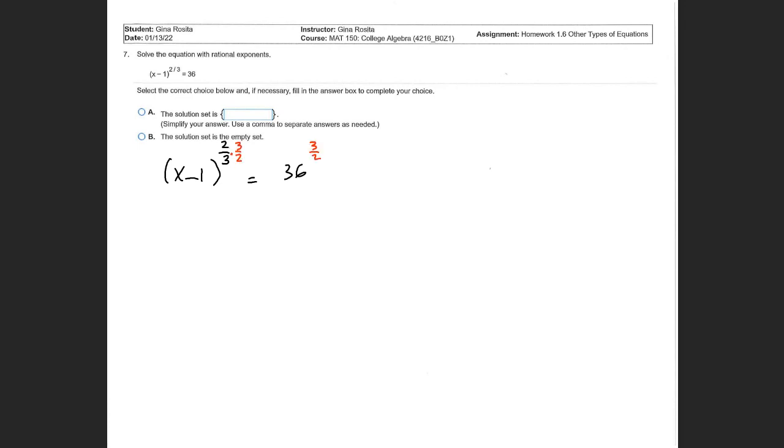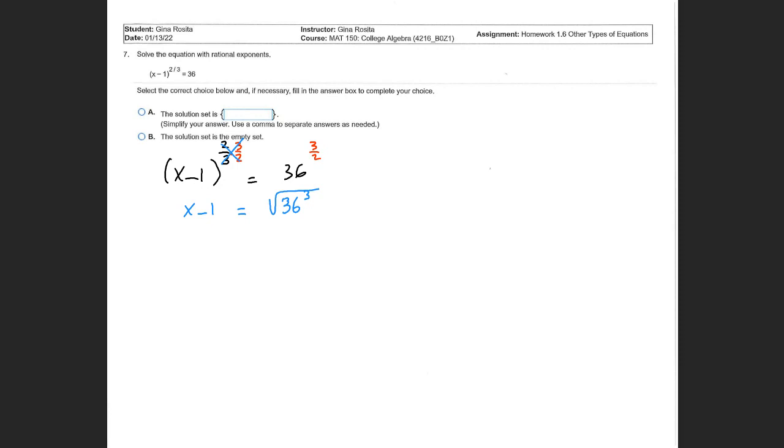They cancel each other and become 1. So x minus 1 equals the square root of 36 cubed. Remember, because of the square root, the answer must be plus minus. Be careful for this one.